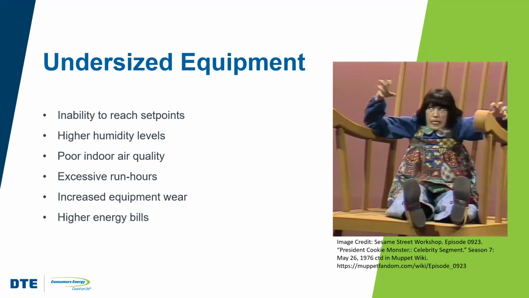If you've got people in the home that have respiratory illnesses, asthma or allergies, those could be exacerbated by the poor indoor air quality and specifically higher humidity levels. You also get more wear on the equipment because it's running more often than it needs to. This is going to cause potentially premature failure of the equipment or of certain components. And of course, all this leads to higher energy bills.